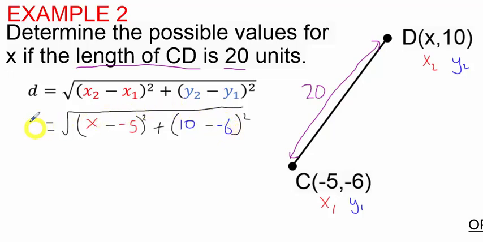All right, now I purposefully did not bring down letter D, and that's because we actually know the value of D. D is the distance, or in other words, the length, and we know that the length is 20. So we can fill that in right away. And this makes the equation solvable because now there's only one variable, and so we can get this variable by itself to get an answer.